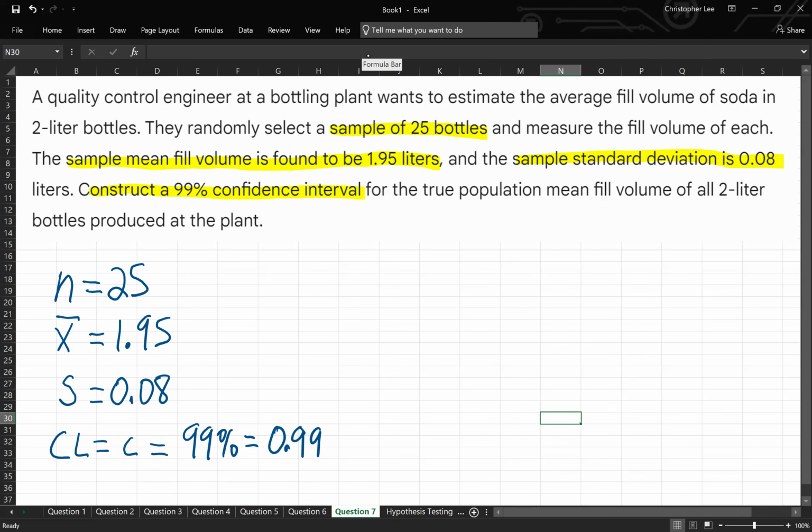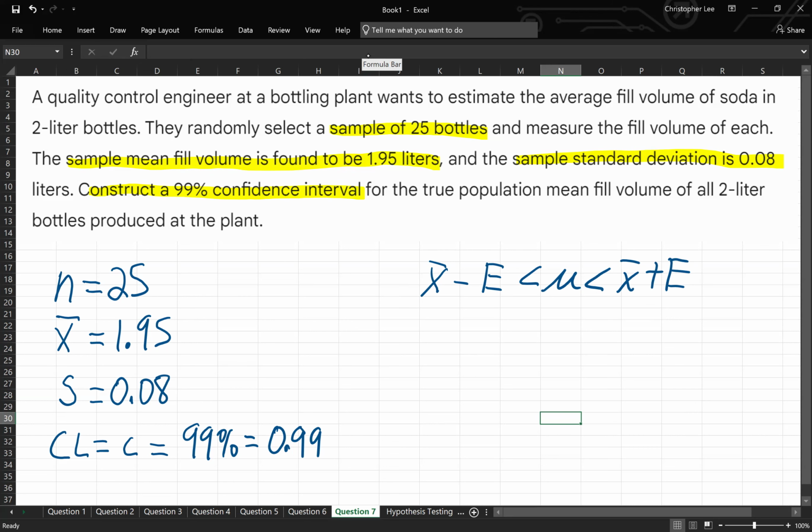So they want a confidence interval. Now, looking at our formula sheet, I'm looking at chapter 8 in particular. We know that all confidence intervals are of the form X bar minus E less than mu less than X bar plus E. And then we have 2 E formulas: the E for when sigma is known, and the E for when sigma is not known. In this case, I do not know sigma.